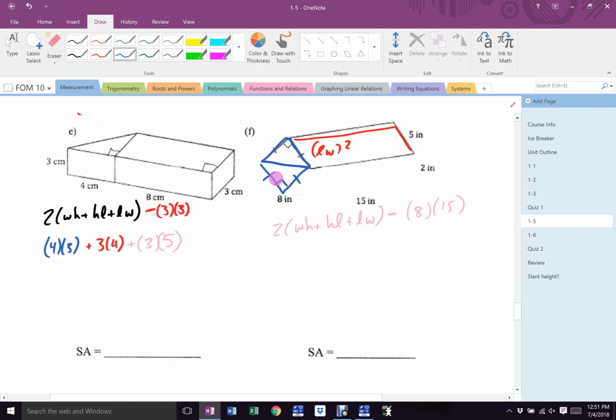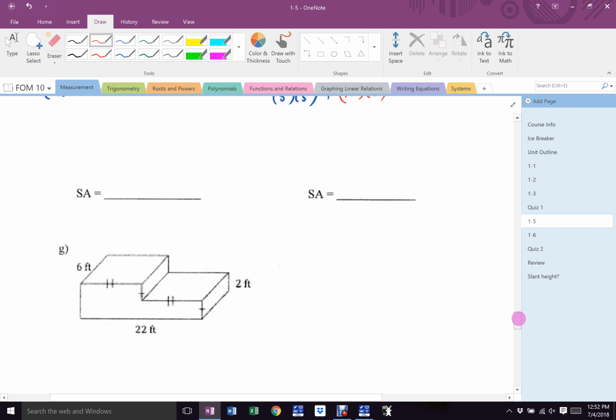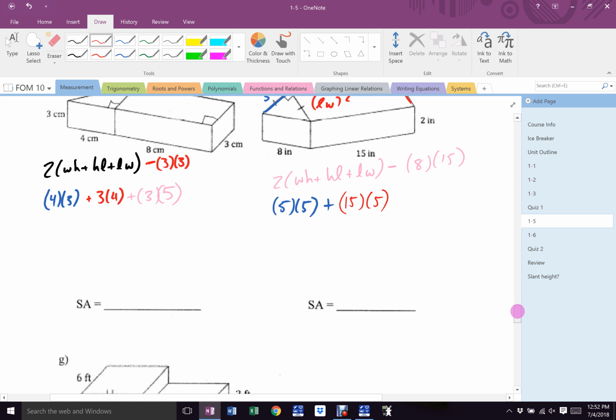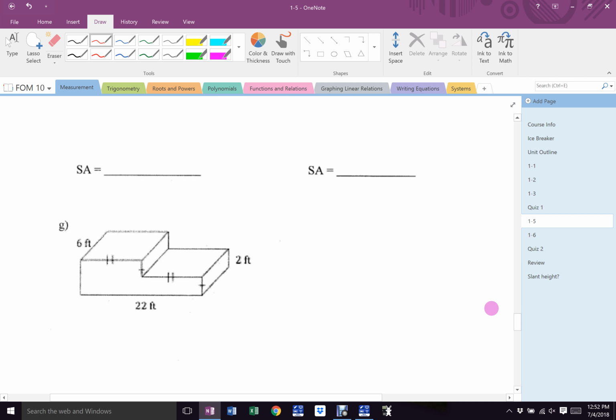Hey, a 4-sided figure where all 4 sides are the same? Just a square, isn't it? And you know that these are 5. So it's just 5 times 5 plus the red rectangle, which is 15 by 5. Then what are you going to do with all those numbers? Add them up. And addition is not new to us, right? Same thing here.